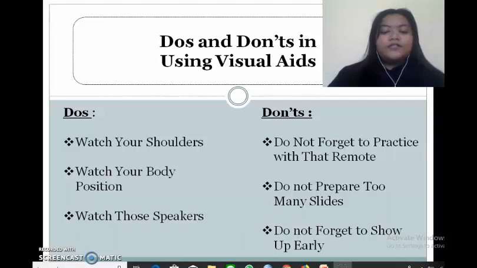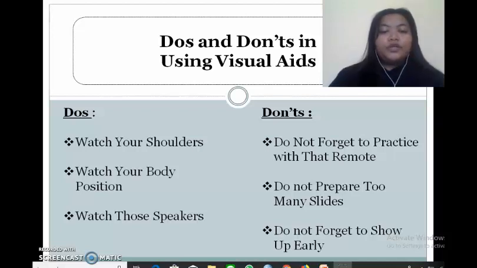Advancing the slide is usually not a problem, but moving backward can be. Practice using the remote, understand what button does what, and figure out what the range of the remote you are using might be.